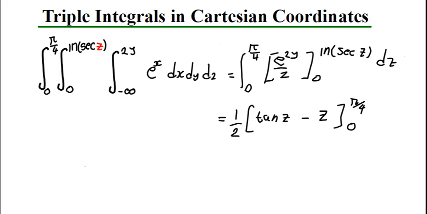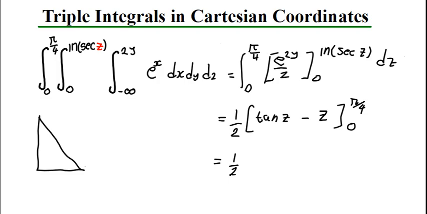Let's plug in the upper limit. So this will be 1 over 2. Tan pi over 4 is actually 1. This is tan 45. I'm just getting this from special angles. I'm not using any calculator. I'm not saying you cannot use a calculator, but you can. I'm just looking at it from these special angles that we have known for quite some time.